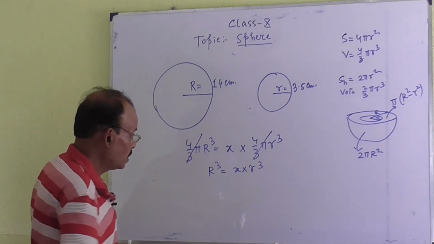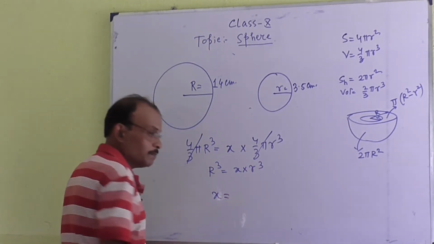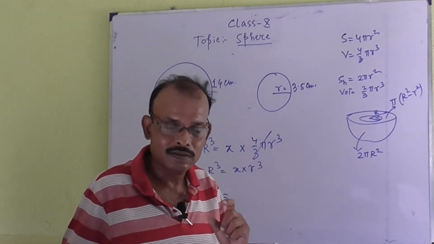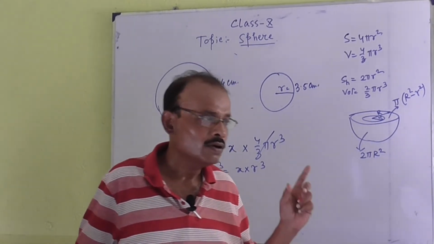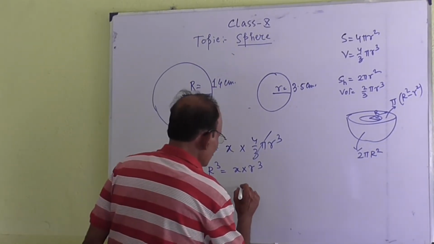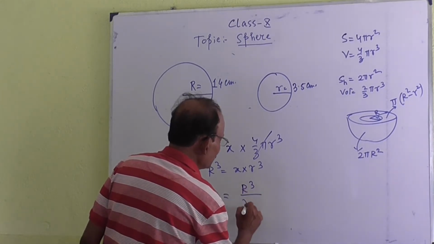So, x equal to, that means the number of the small spheres that which I find out, R cube by r cube.